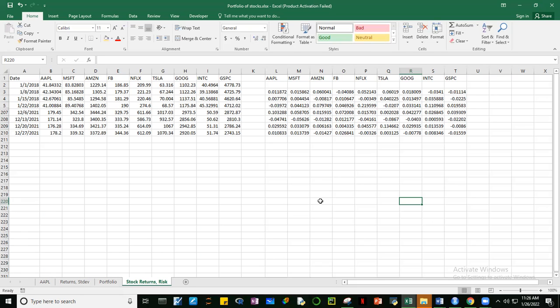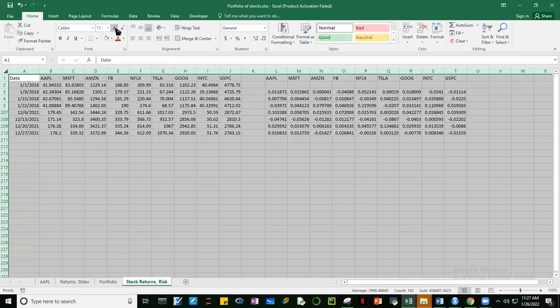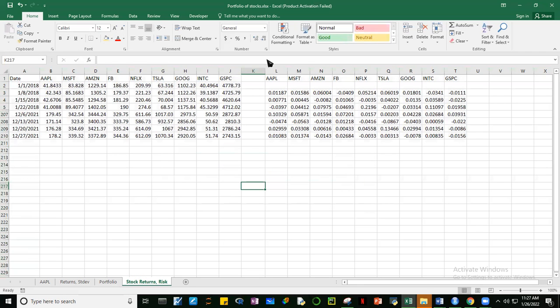Kindly chat, please, guys, if you have computed for the returns, log returns. Okay. Thank you, Karina. How about the rest, guys?